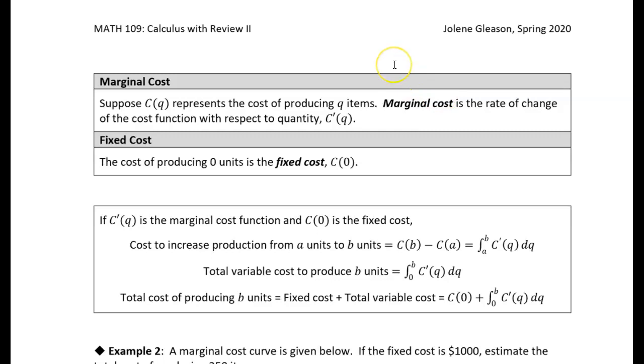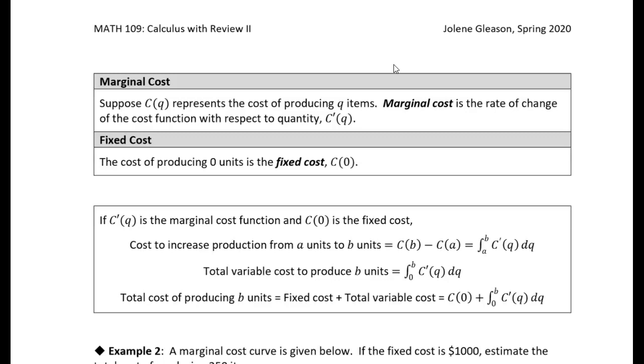Okay, so in business, oftentimes you're interested in what's the cost to produce one more item at any given time, and it might vary depending on how many items you make. The more you make, perhaps the cost goes down. You can buy things in bulk, or you have economies of scale. And so that marginal cost is not necessarily a linear function.